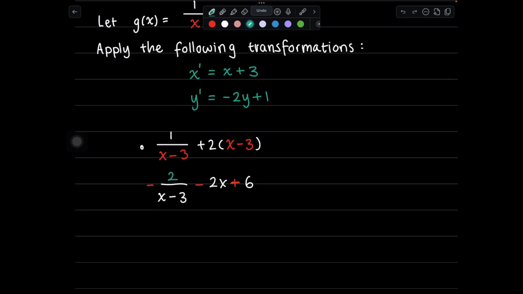This becomes a 4 when you multiply it by 2, and this becomes a 12 when you multiply it by 2. Then finally, we need to move it up by 1. And to do this, all you do is add 1 to the end of this. And when you combine these two, you get 13. So this is our final answer.